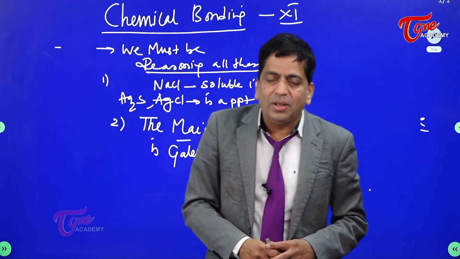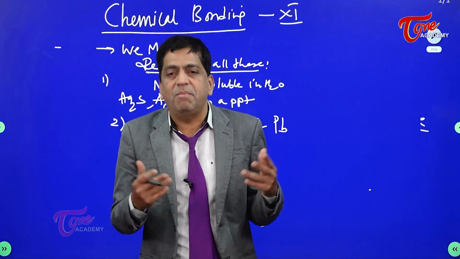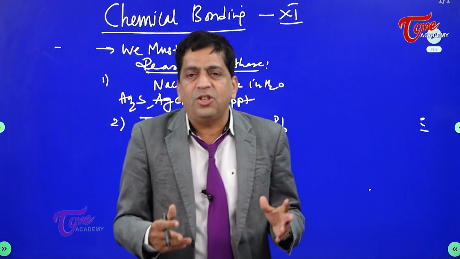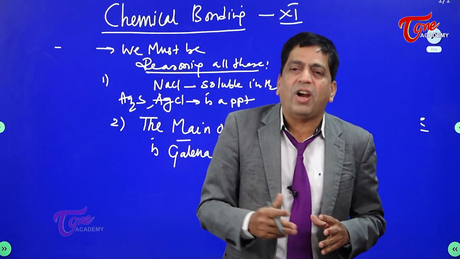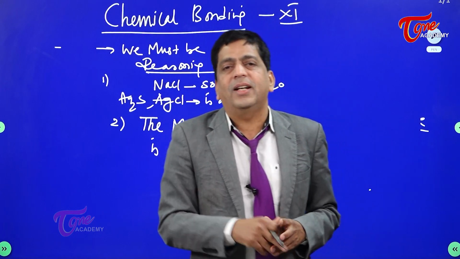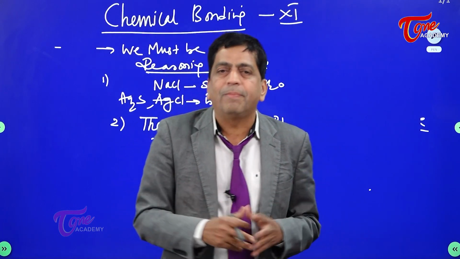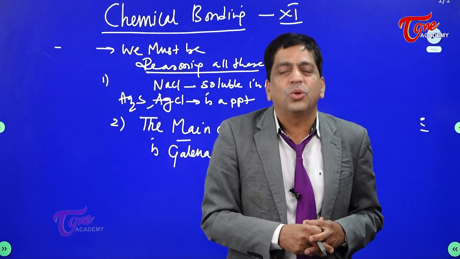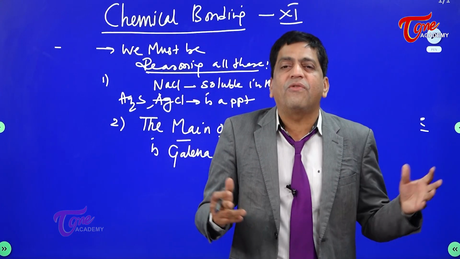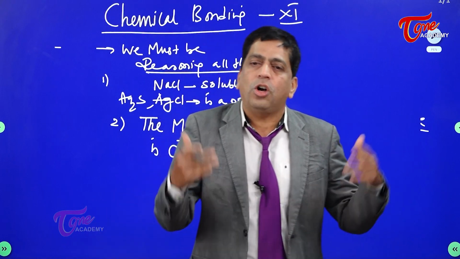Let me tell you, there are two things attached to the mainness. The financial element: you're extracting the metal at lesser cost, that is one of the criteria for being an ore. The second is a question of abundance. If you are rare, your cost anyway increases.